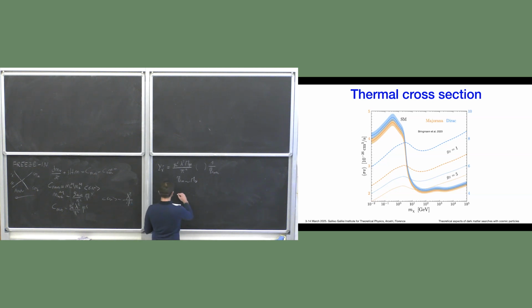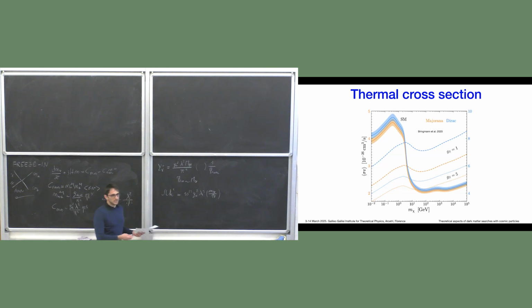is basically 10 to the 22 g squared lambda squared, and then you have the mass of dark matter divided by T final. T final, we can put it of the order of the mass. g is of the order of unity.